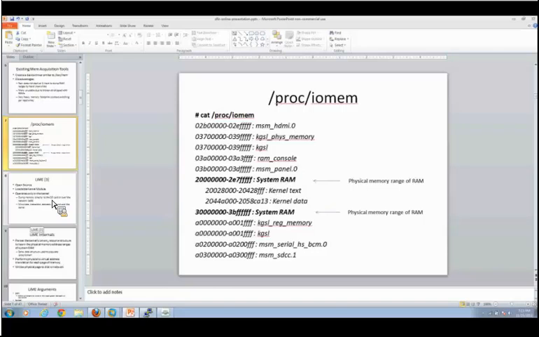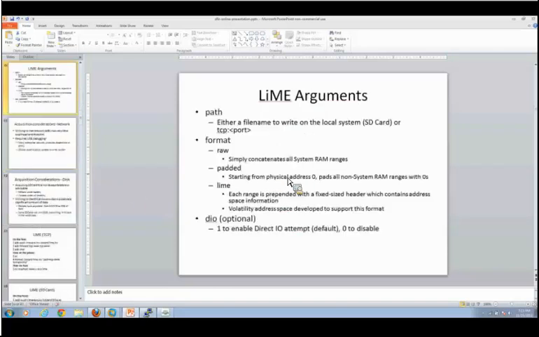When you run in the padded mode, it calculates however much that ranges from the end of one RAM to the next one, and pads it with zeros. This helps because we actually had Volatility working on these before, and the zeros help the addresses stay aligned. Otherwise, when you go to read a physical address, it's going to be wrong because the hardware has those pads there that you don't.